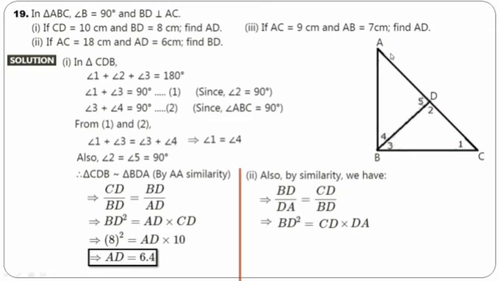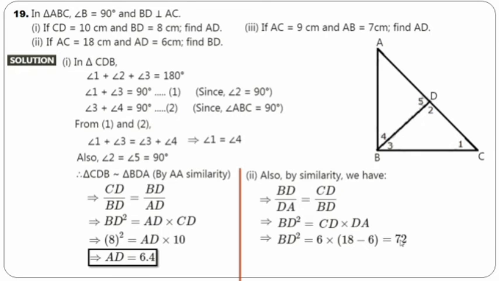CD is this one, so you know this length and you know this length, so obviously your DC will be AC minus this AD, so AC, which is 18, minus AD. What is AD? AD is 6, so CD is 18 minus 6, which is 12.